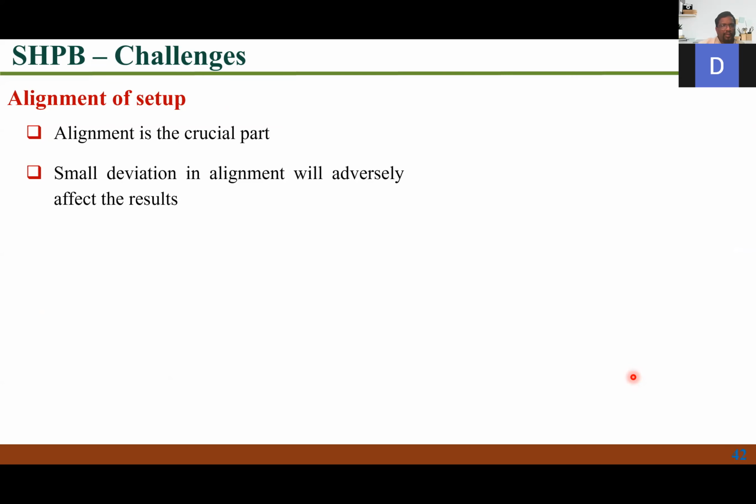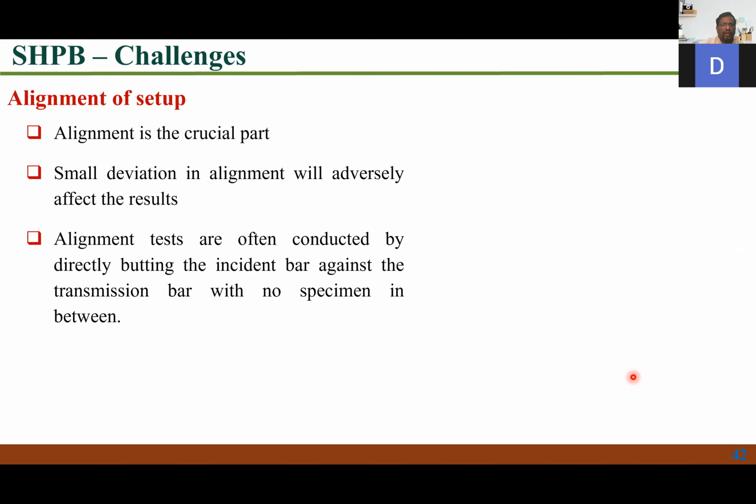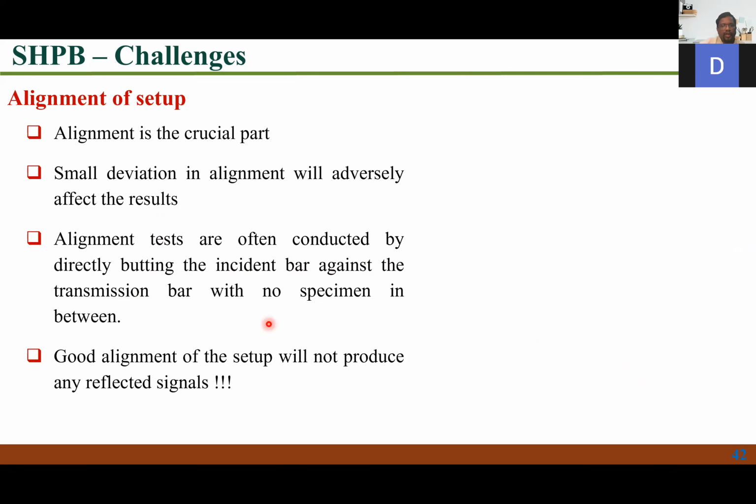Alignment of the setup is also very important, and even a small deviation in alignment will adversely affect the results. Alignment tests are often conducted without putting any specimen. We directly start hitting the incident bar with the transmission bar without any specimen in between. A good alignment will not produce any reflected signal.